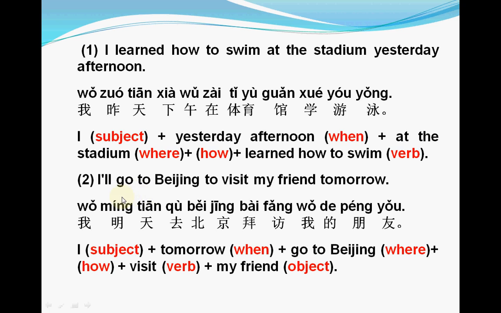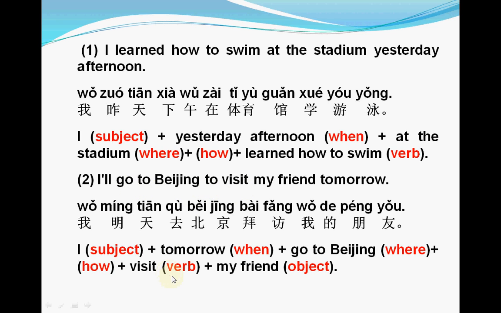Okay, another example. I will go to Beijing to visit my friend tomorrow. Okay, let's use the word order to translate this English sentence to Chinese. I, subject. Okay, subject is followed by when. So I, tomorrow, where, go to Beijing. Beijing is where the visit happens, okay? Go to Beijing.